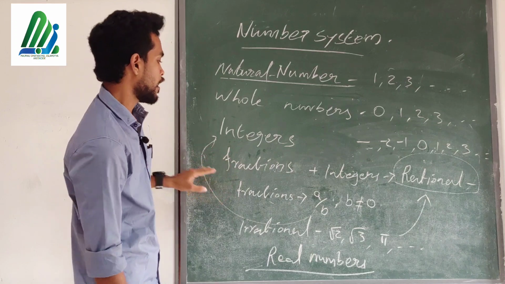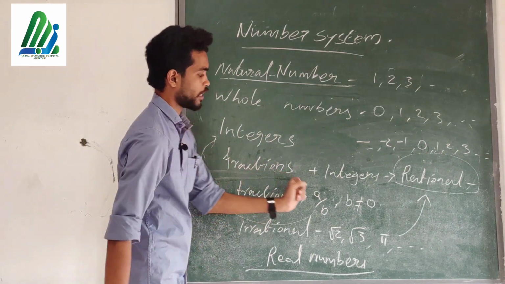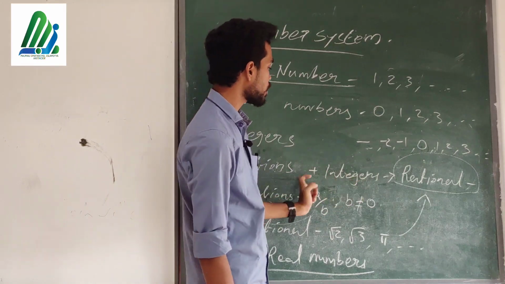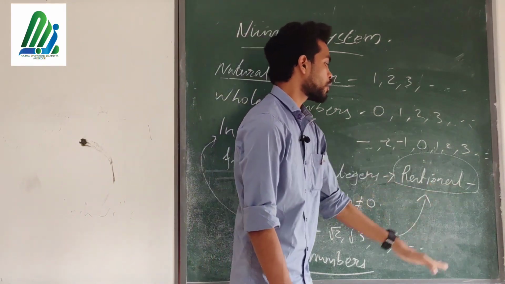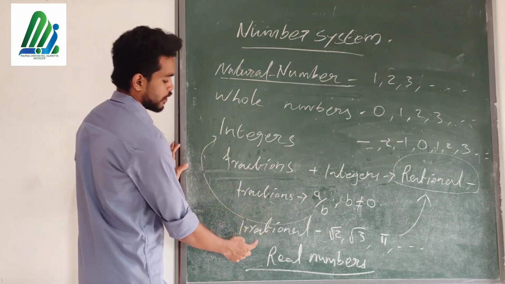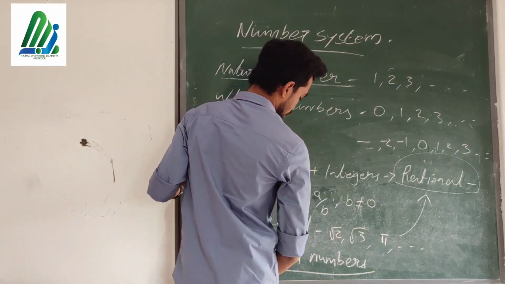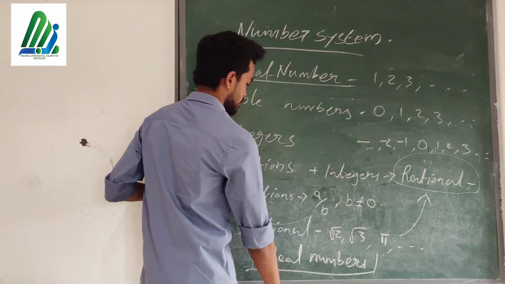Then the fourth part is fractions plus integers equal to rational numbers. Then the last, rational numbers plus irrational numbers, it goes to real numbers.